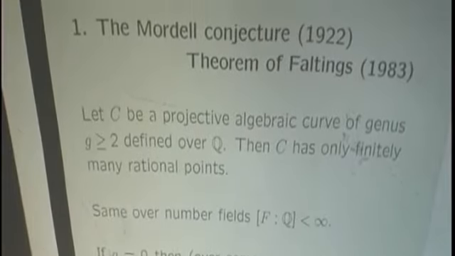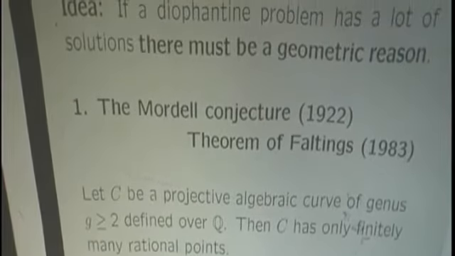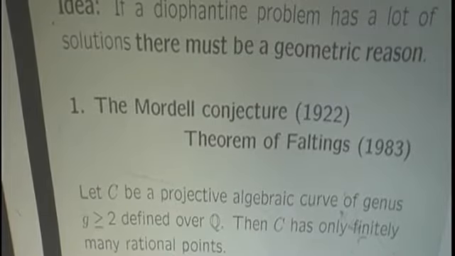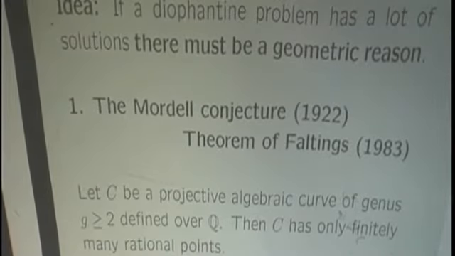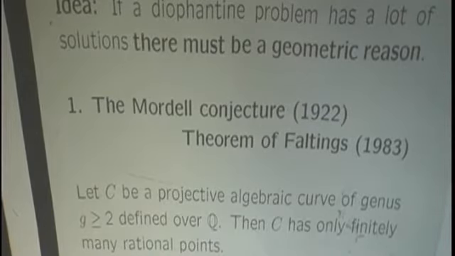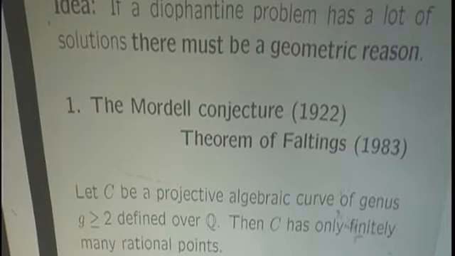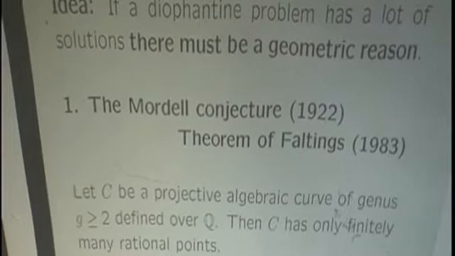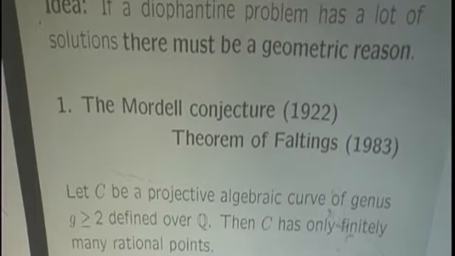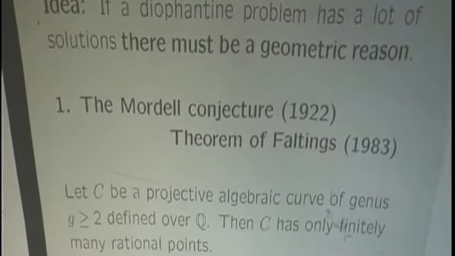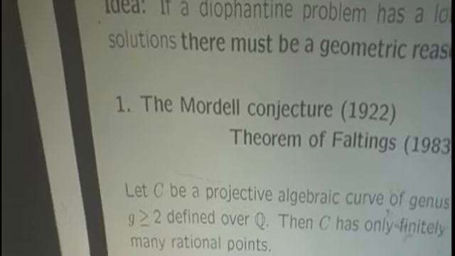So in Diophantine geometry, there's a general idea that if a Diophantine problem has a lot of solutions, then there must be a geometric reason for this. And maybe the first, the most famous statement along these lines is the Mordell conjecture, Faltings' Theorem, that a projective algebraic curve of genus at least 2, defined over Q, say, has only finitely many rational points, and the same over any number field.